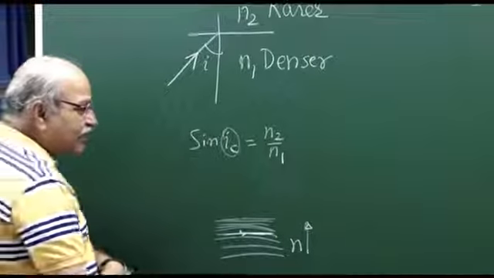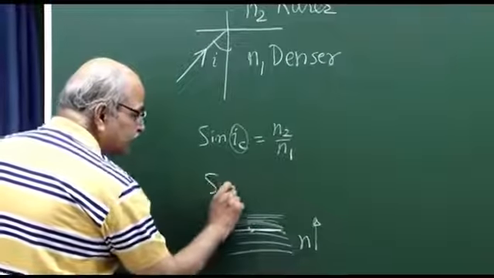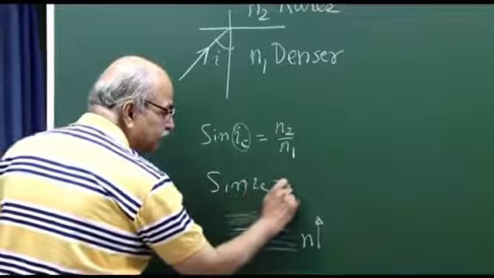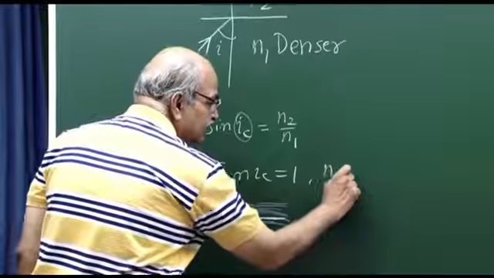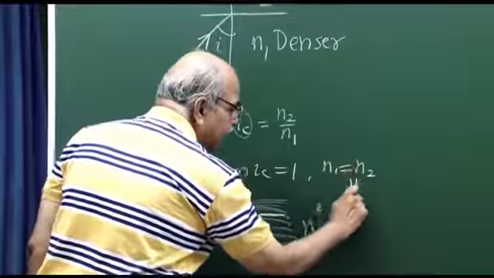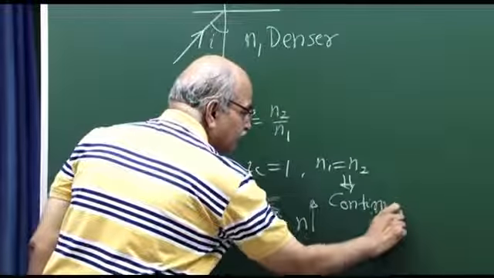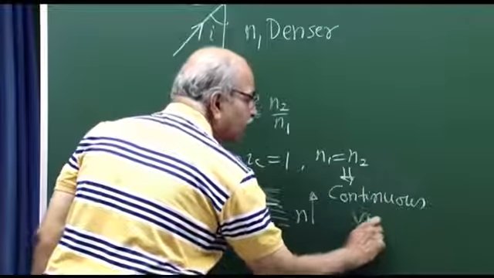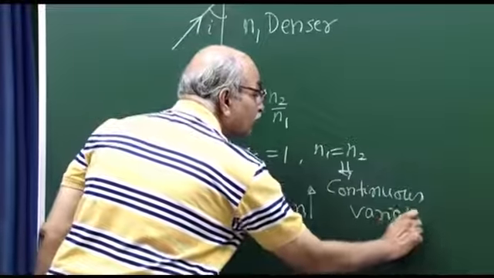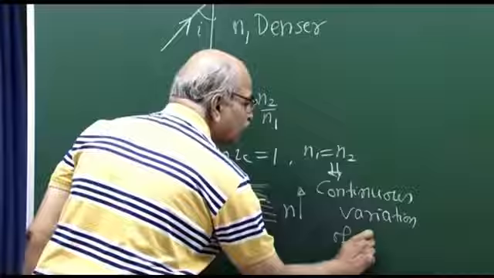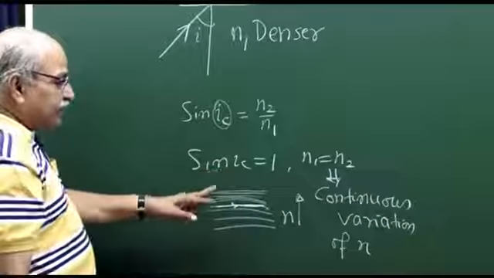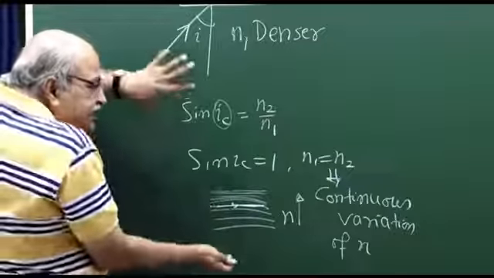So if they are same, then sine IC will become 1, if N1 is equal to N2, and this is because of continuous variation. There is no discontinuity, it smoothly changes.